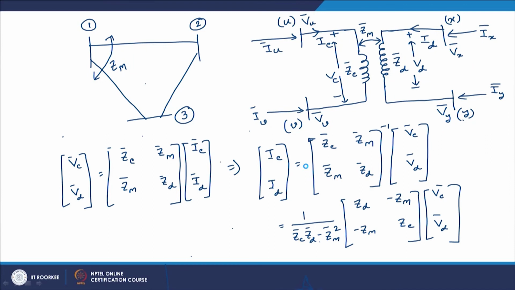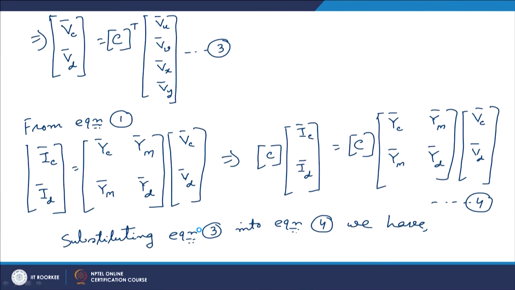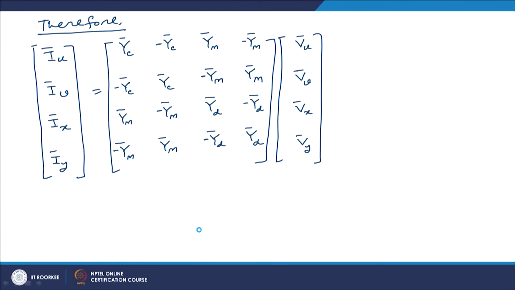Here there are IC, ID, VC, VD. Now let us write down these equations.